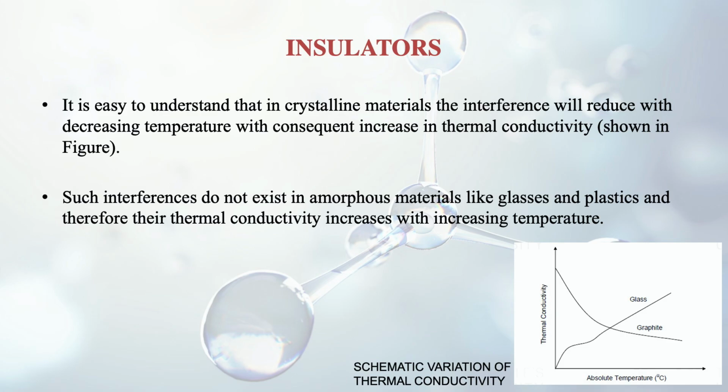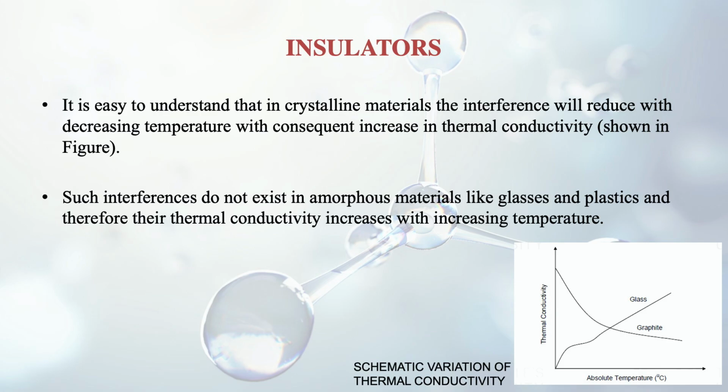So in crystalline materials, if we decrease the temperature, then the interference between the elastic waves and the defects will lessen. So there will be better conduction and the thermal conductivity will increase. But in case of amorphous materials, what will happen? These interferences are very slight actually because of their structure.